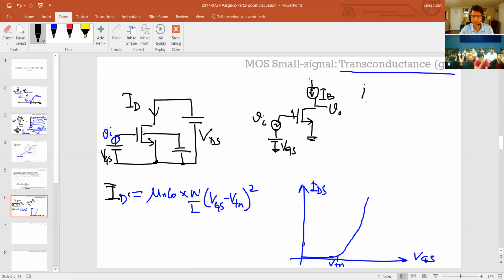So the self gain, which we call AI, is nothing but V naught over VI. And we've been writing this as GM times RDS. I'll show you why that's the case.